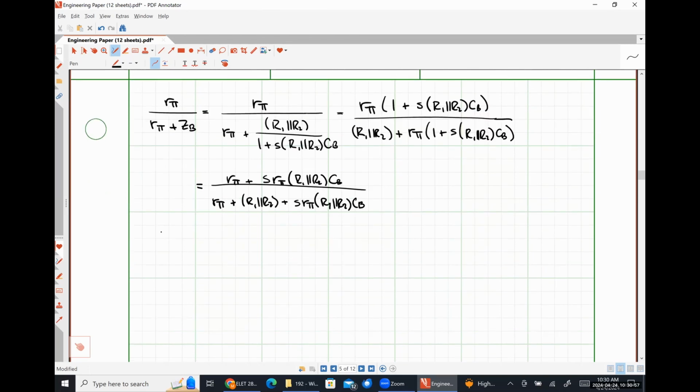And therefore, our first zero for the amplifier stage is at negative R pi divided by R pi R1 in parallel with R2 CB. And quite obviously, those guys just cancel each other out.